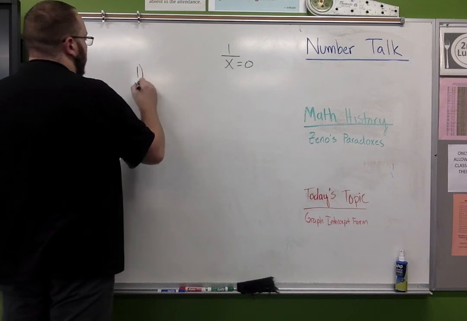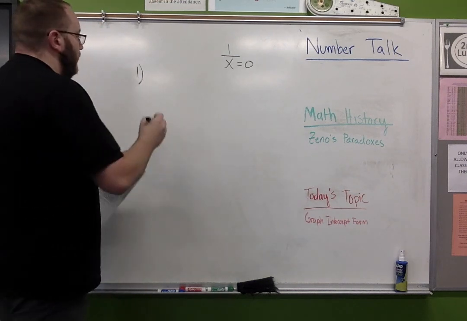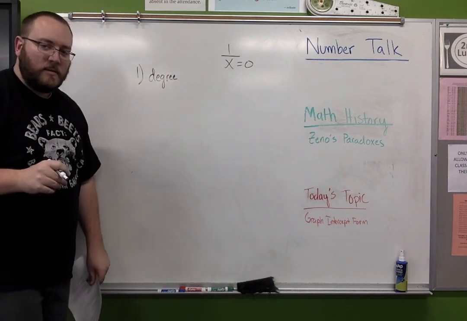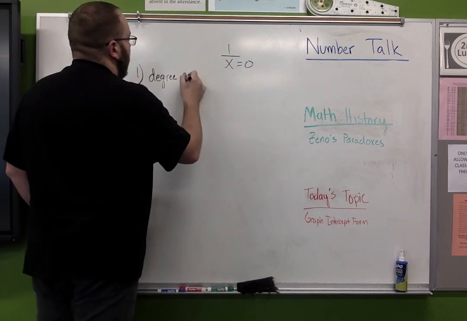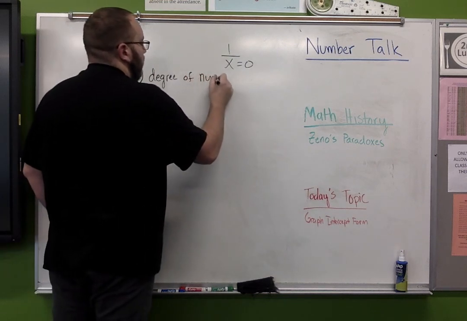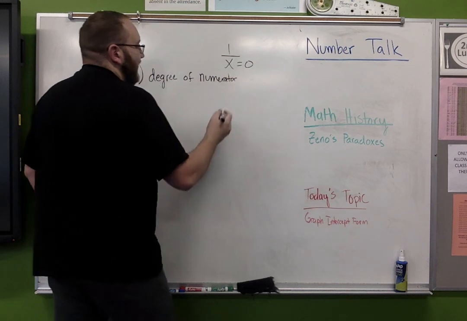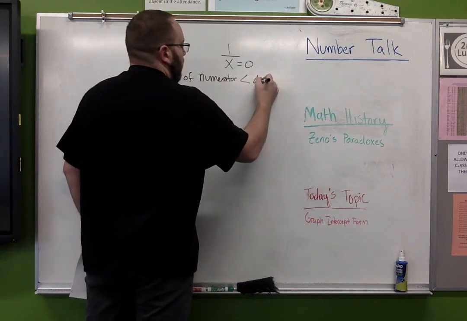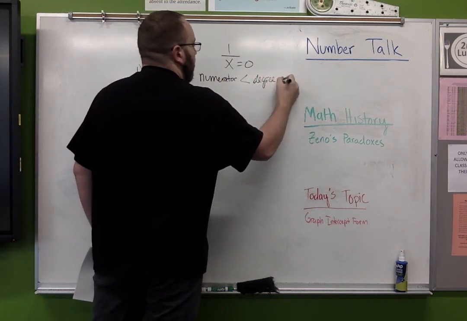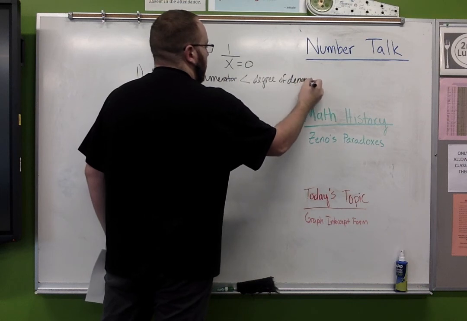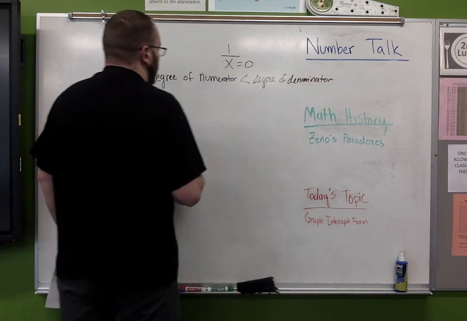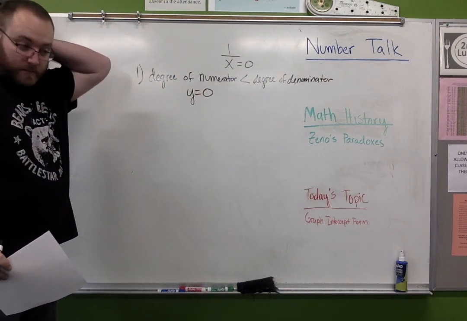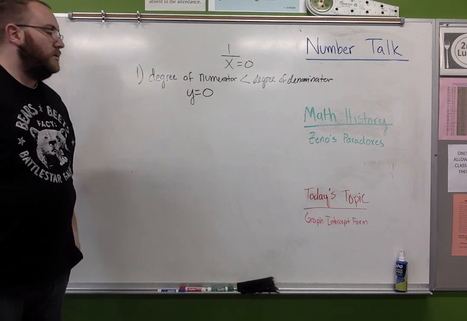Okay, so pattern number 1. If the degree, so remember degree is the biggest exponent in the polynomial, if the degree of the numerator is less than, specifically less than, not equal to, less than, the degree of the denominator, then y equals 0 is your horizontal asymptote.